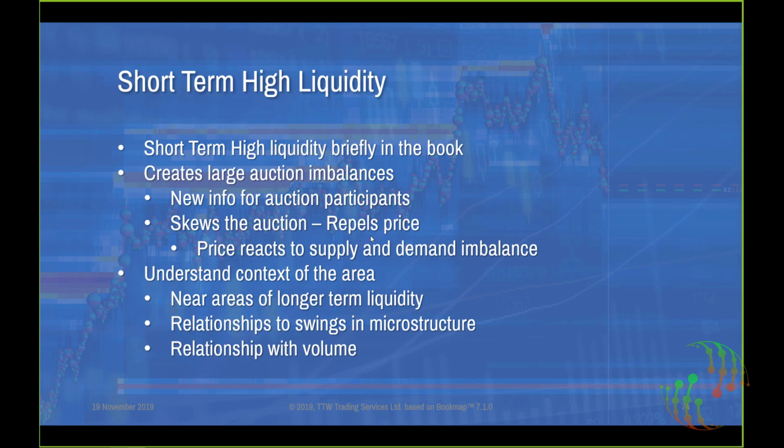Someone is trying to press or push the price in a certain direction. That means new info arrives at the market. They want to skew the auction and they want to bring the price to a certain price level.